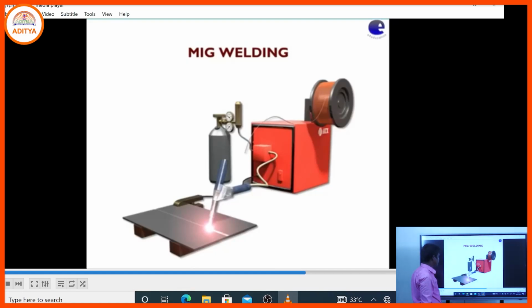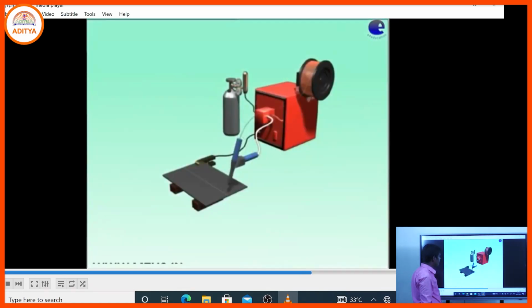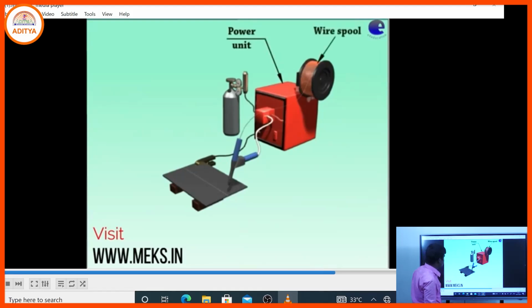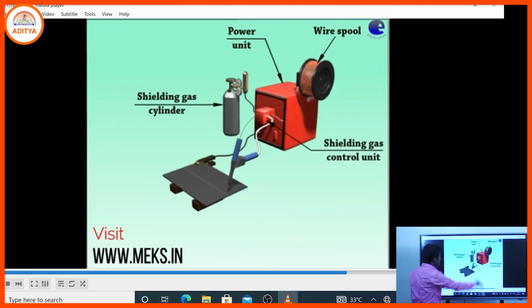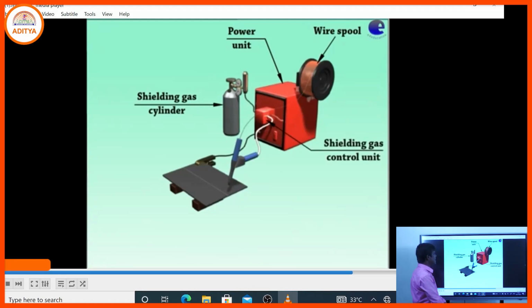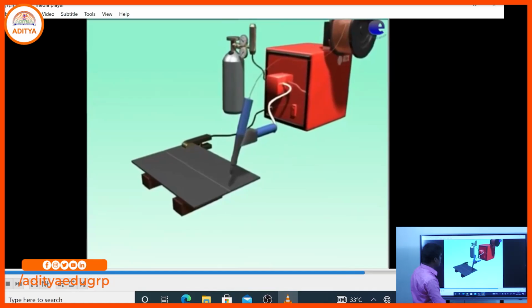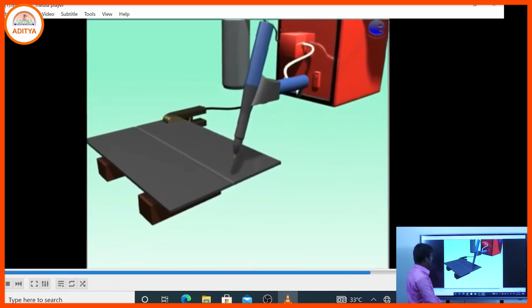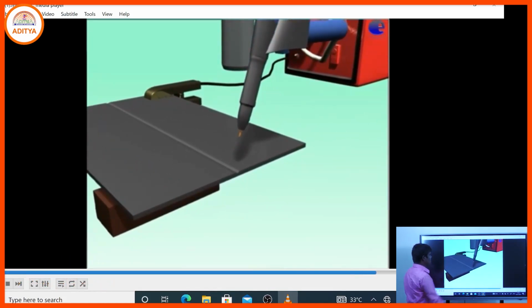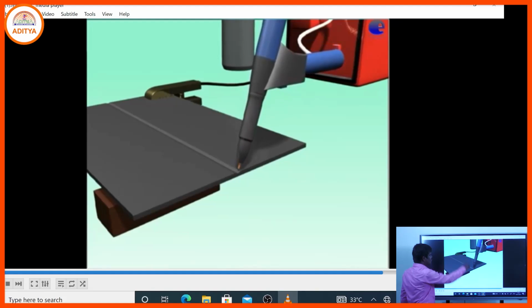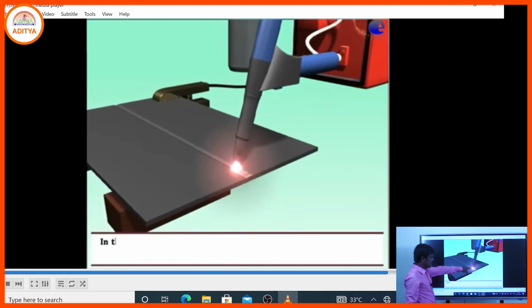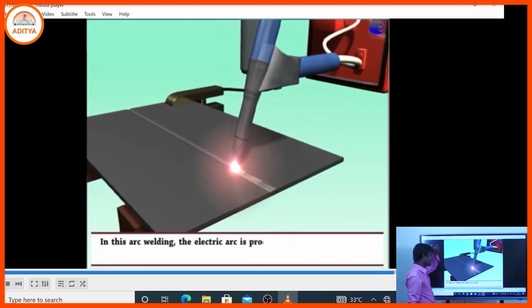Now the MIG welding setup. That is the power unit, that is the shielding gas unit, and that is the shielding gas control unit. And the electrode holder: we use a consumable electrode here. There is a metal plate connected to the power supply, and that is the electrode torch. The electrode is a consumable electrode.